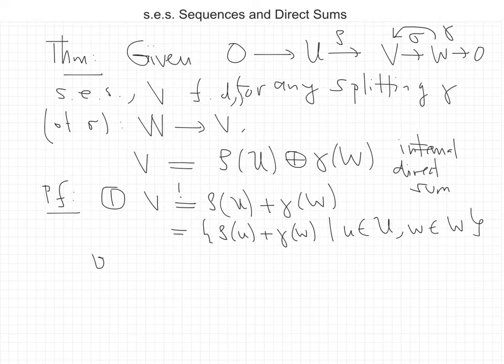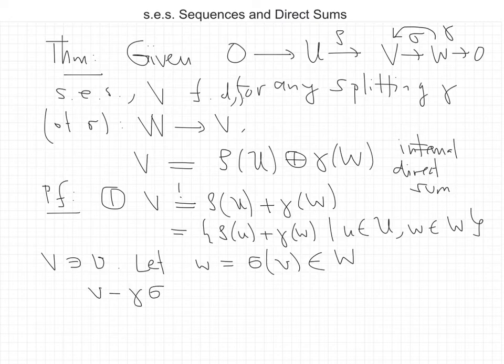Let's pick a vector v in my vector space V. Then let's just consider the vector w, which is the image under sigma of the vector v. This is a vector in W. Now I can use the splitting to go back. I can look at the vector v minus gamma sigma of v.